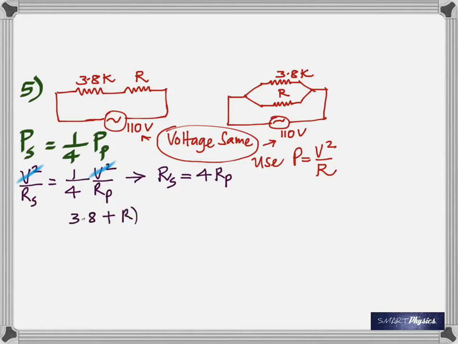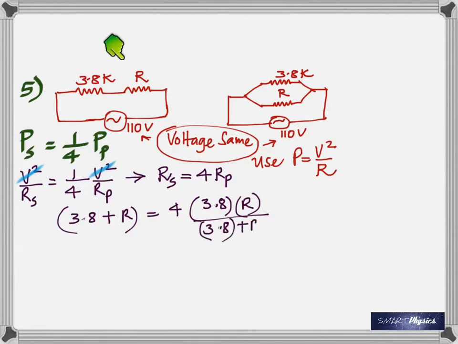And therefore, substituting in both cases, you find that the total resistance in series is 4 times the total in parallel. And what is the total resistance in series? Isn't it just the sum of the two? Yes. So it should be 4 times the product by the sum. And now it's just a matter of solving that equation.